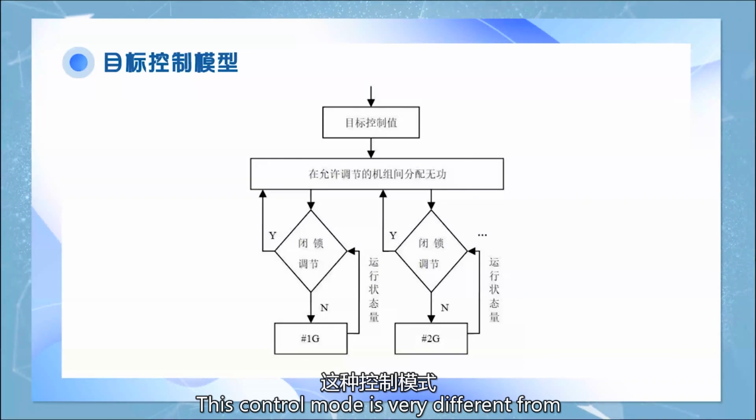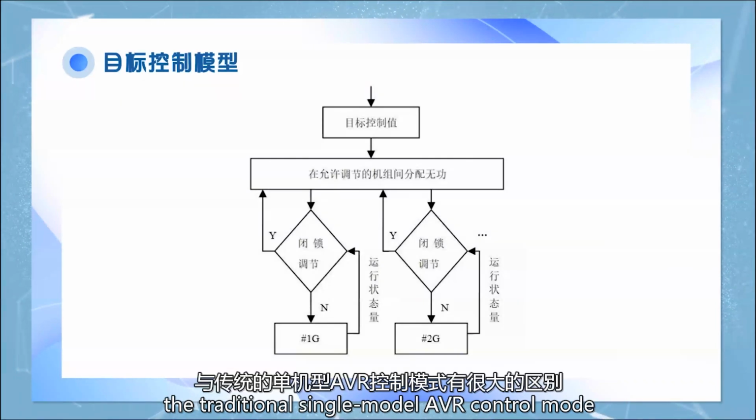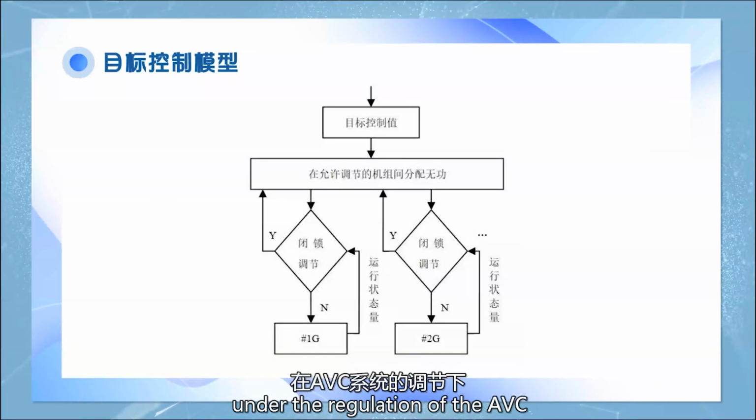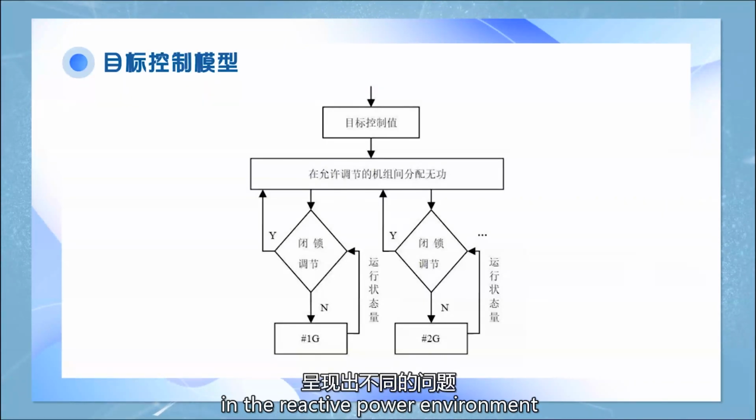This control mode is very different from the traditional single-modal AVR control mode. Each power plant presents different problems under the regulation of the AVC system due to the differences in the reactive power environment in which it is located.